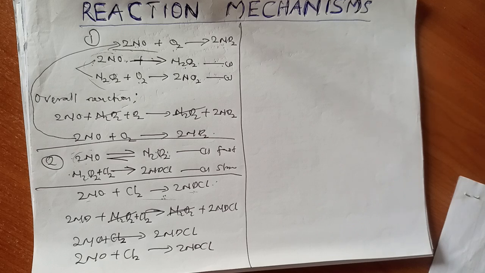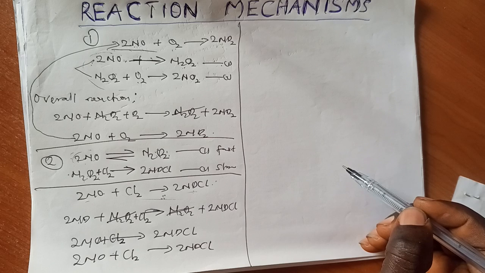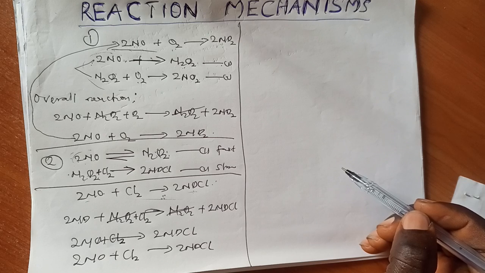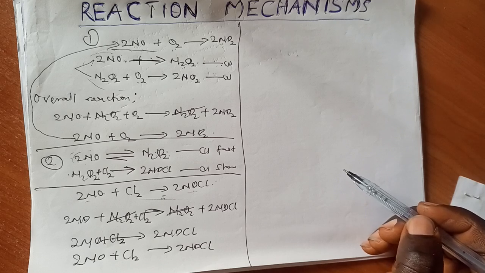I've talked about the elementary steps, which I've also done, but I need to talk about the elementary step. In the elementary step, sometimes they will say step 1 is fast, step 2 is slow. Sometimes they will say step 1 is slow and step 2 is fast. Those are the types we can have under the elementary step.